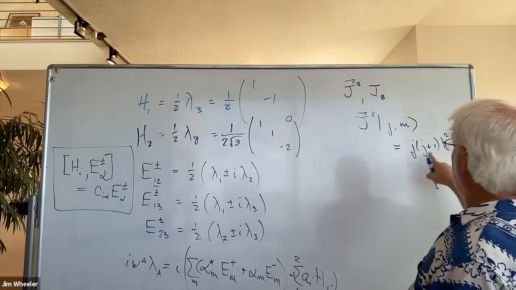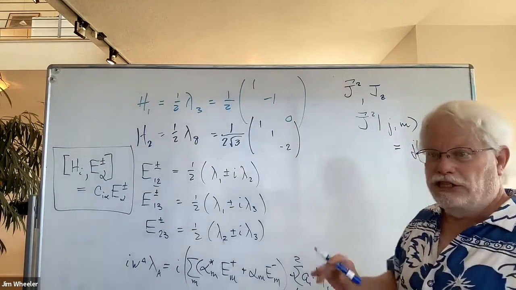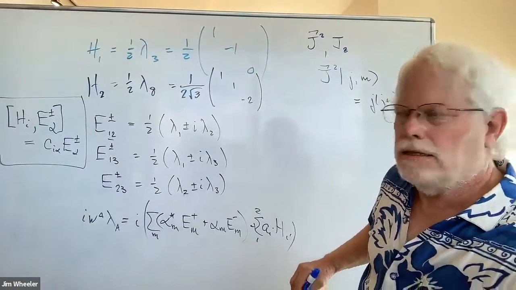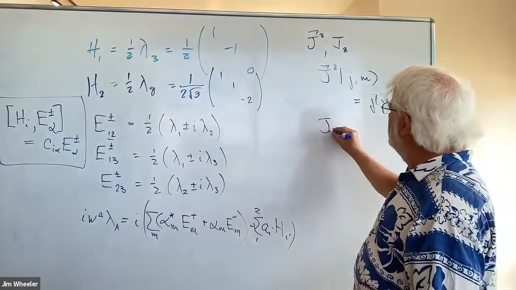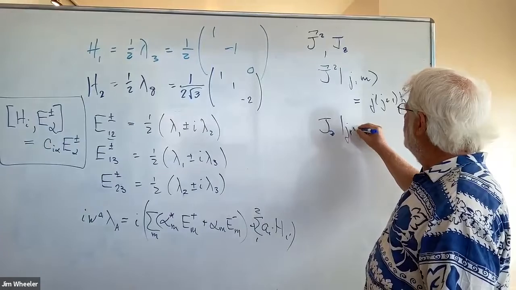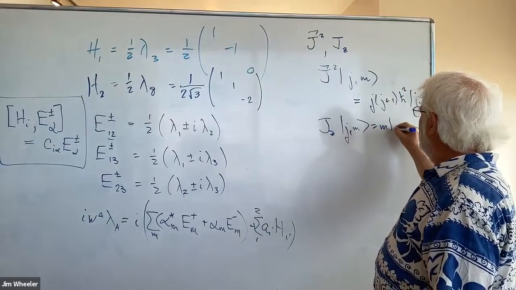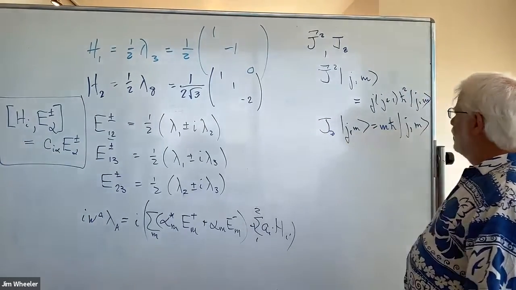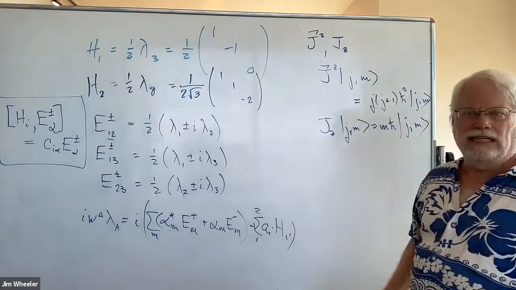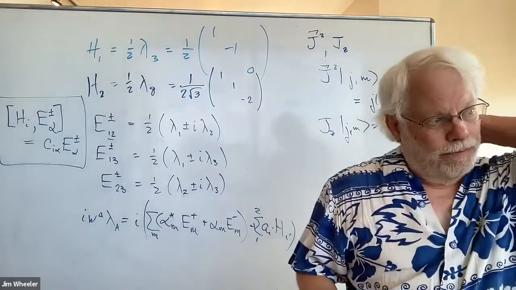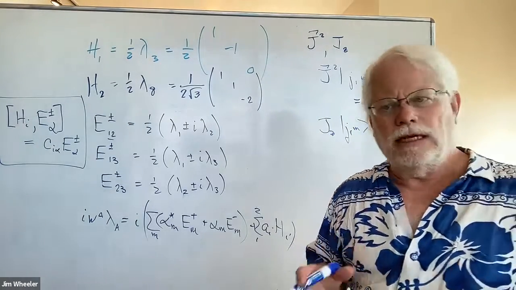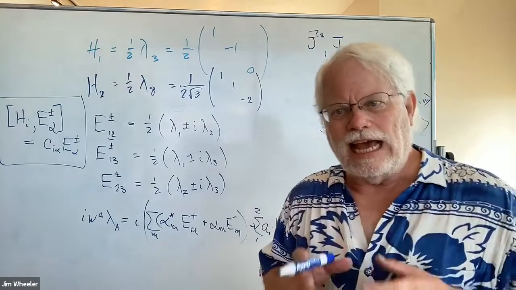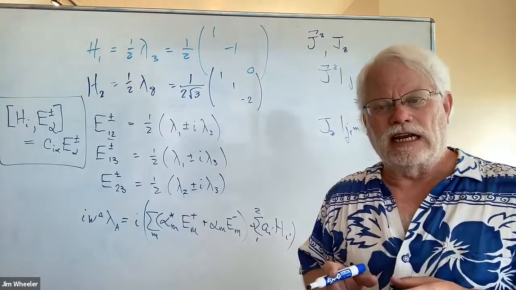Because J is a Casimir, none of these operators are going to change j. And J_z acting on |j,m> gives m h-bar |j,m>. So we've chosen these states to be labeled by eigenvalues of a maximal set of diagonal operators.